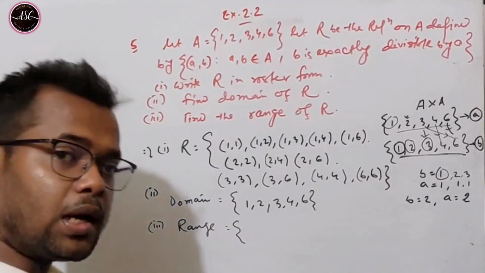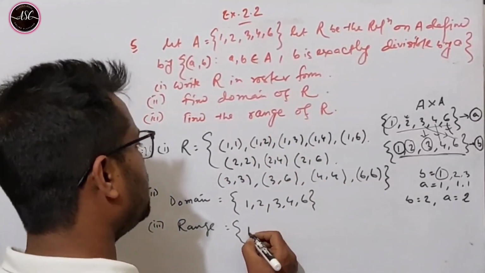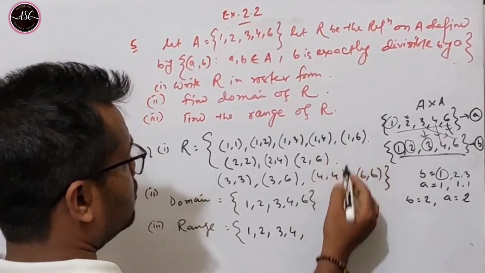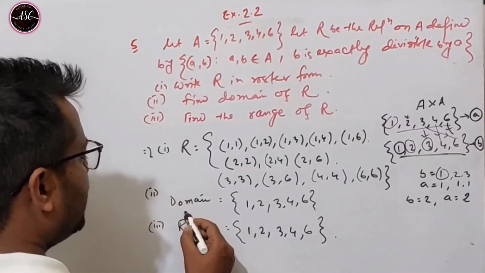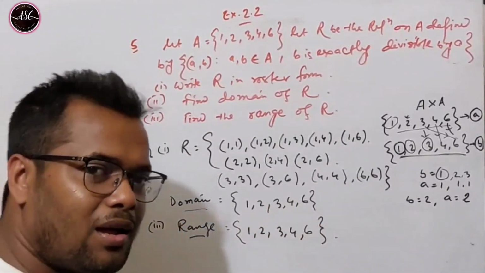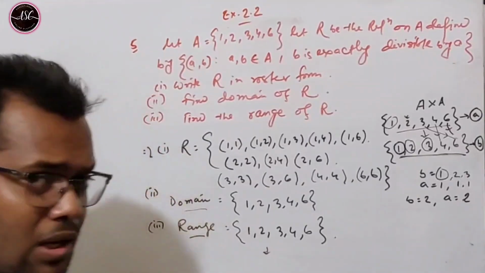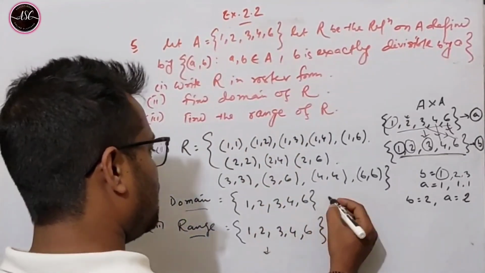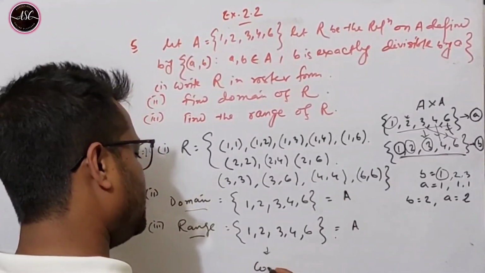The set of all the second elements in the ordered pairs in relation R. So the second elements will be 1, 2, 3, 4 and 6. Just look here, domain and range are the same, and codomain will be the set A. So domain is also A, range is also A, and codomain will be A.